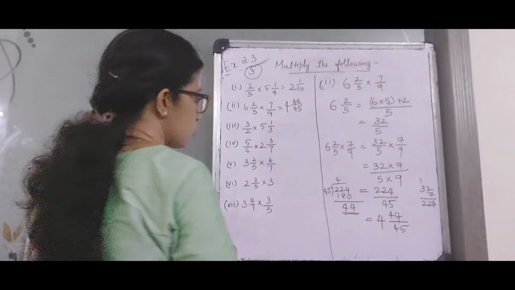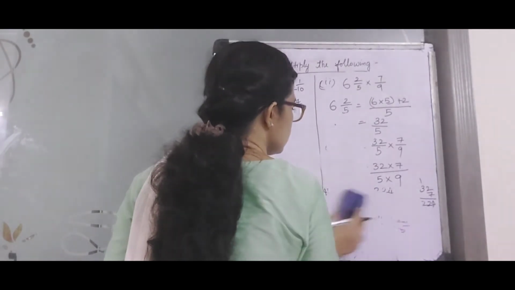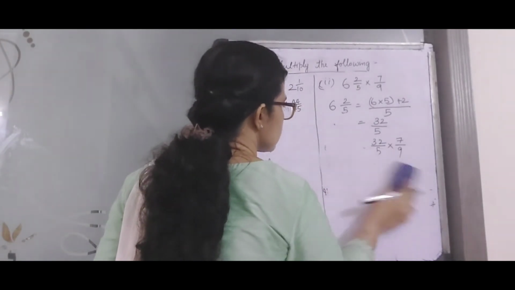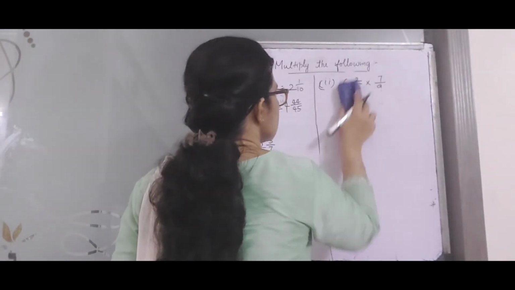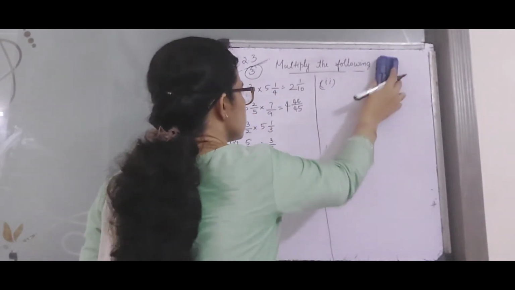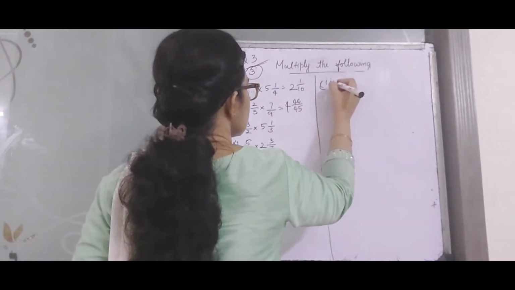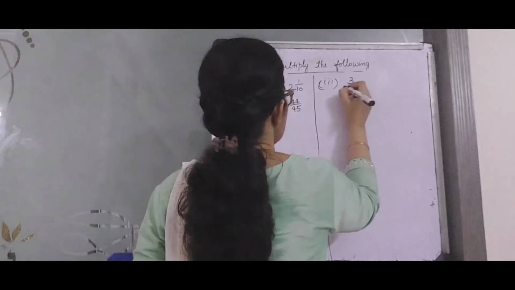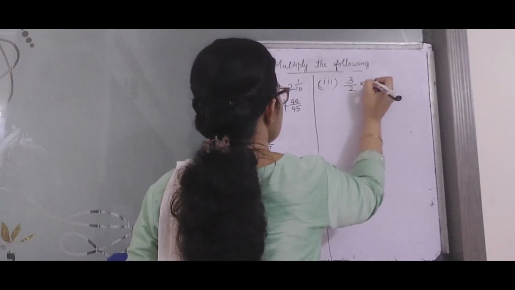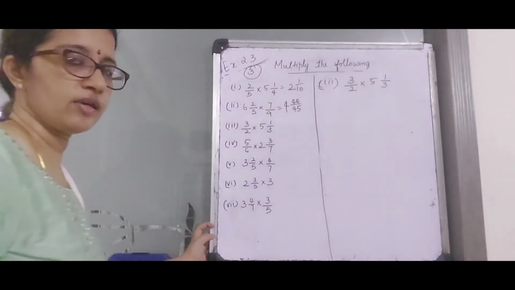Okay. Now let's go on to the next problem, third problem. Third problem is 3 by 2 into 5 1 by 3. Okay.